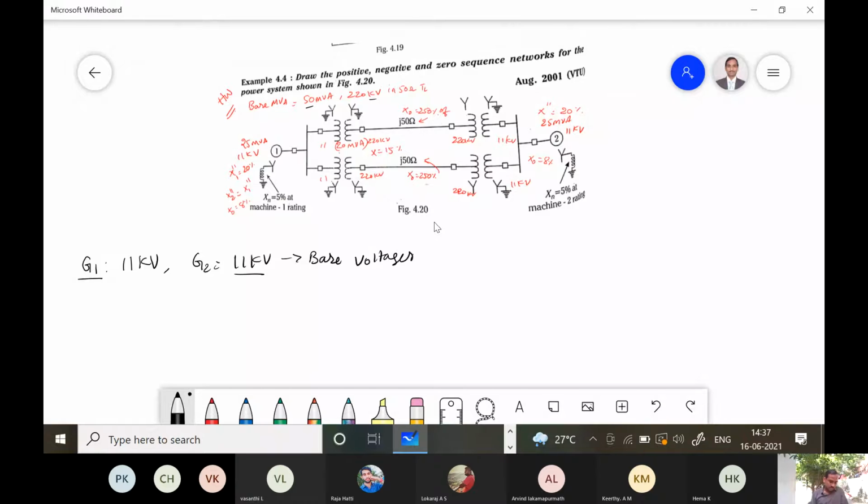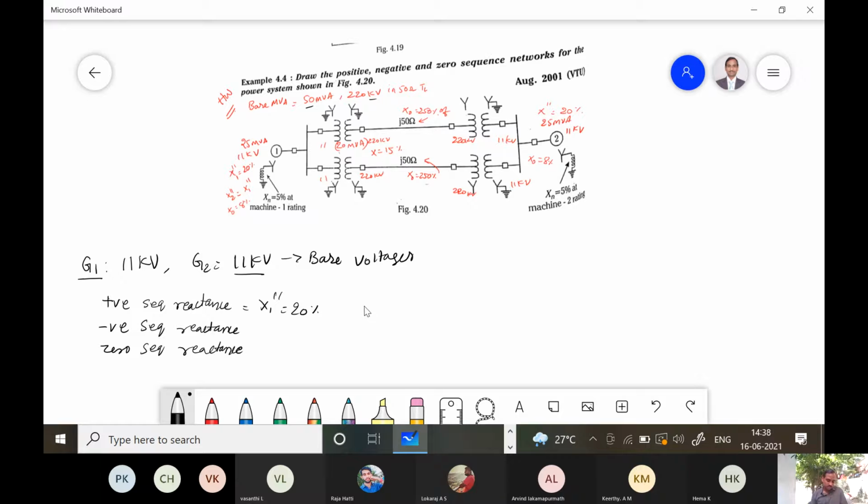And now we need to calculate the reactance of the generator, for positive sequence, negative sequence and zero sequence. Here, the positive sequence reactance X1 double dash is given as 20%, so we need to calculate it in terms of per unit.